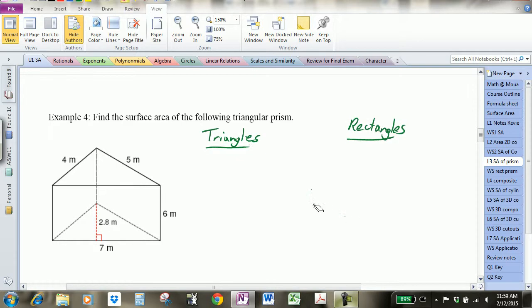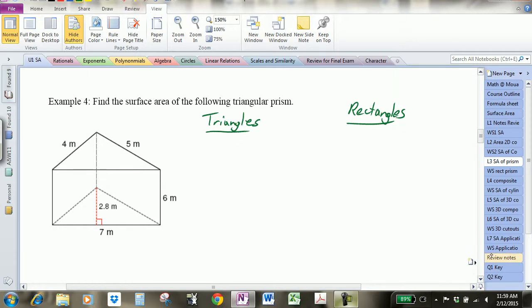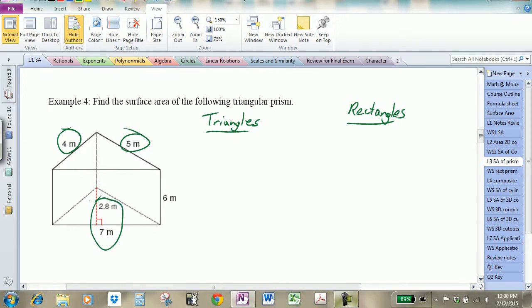That's what a lot of math is, organizing our work, and that's why we take our work for marks. Okay, it's like writing an essay. What's the base and what's the height? 7. Okay. Are those 2 involved in the base or the height? Not for this one. For this one, you guys are correct. 7 and 2.8. Okay, I want you to solve this all by yourself. Go.